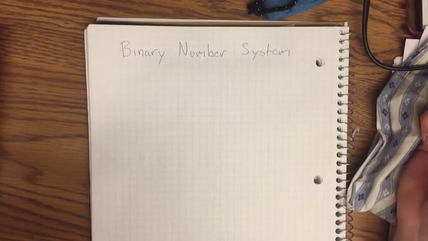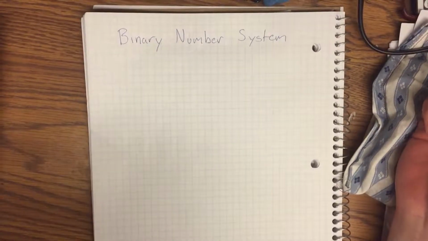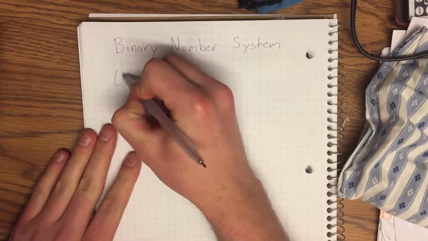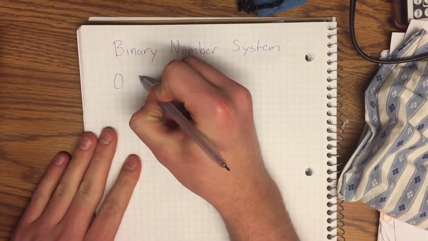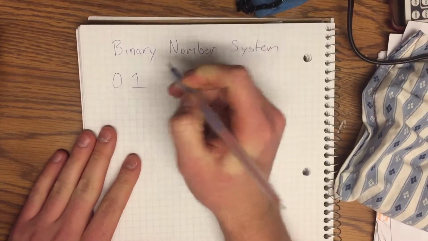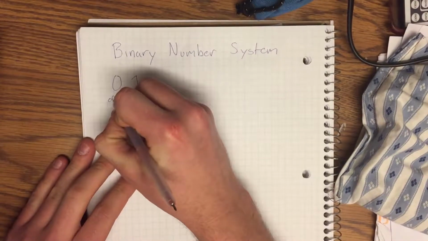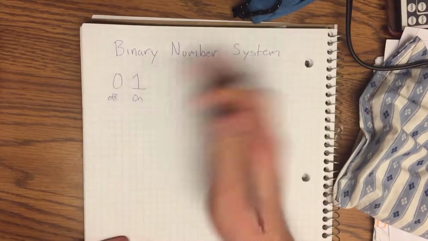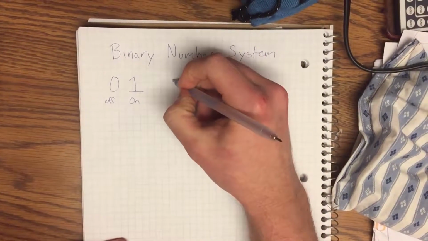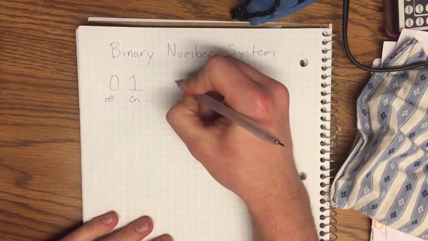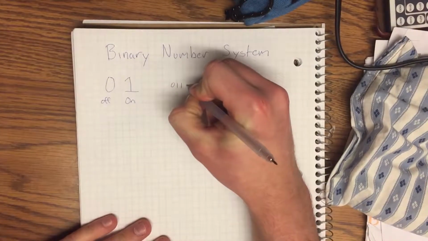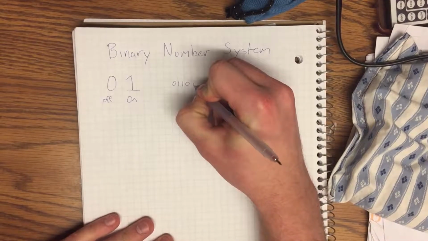Okay, so today we're going to be learning the binary number system. The first thing you're going to want to know is that it has two different symbols, 0 and 1. 0 means off and 1 means on. Generally, binary code consists of 8 digits. So for example, you could go 0, 1, 1, 0, 1.